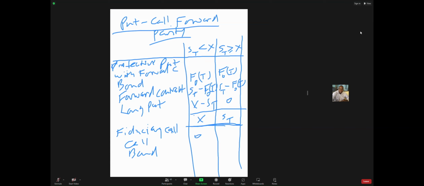Here it will be 0, here it will be ST minus X. And here it will be X, here it will be X. So total value here is X. Total value there, X and X cancel, the total value is ST. If you compare with the other put-call parity condition without forward contract, the values are the same.